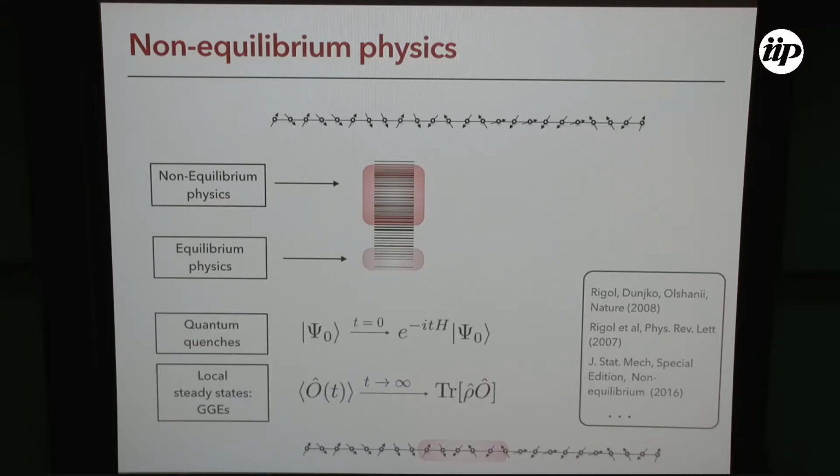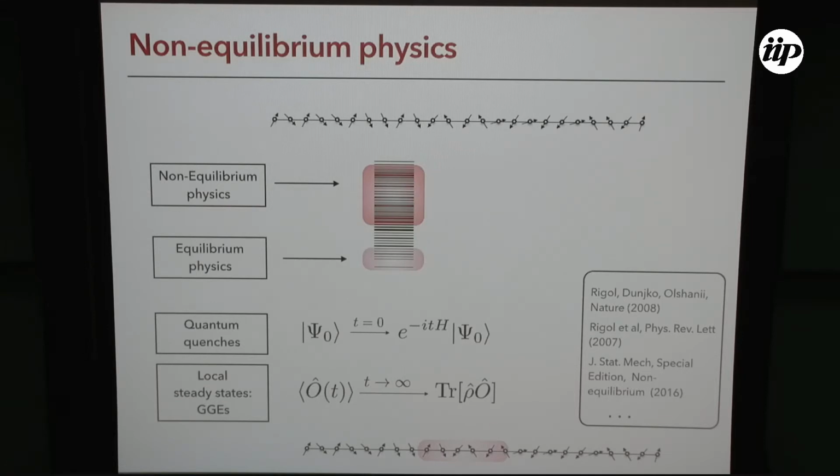And one of the most used methods, at least in theory, but also in experiments, of studying this part of the spectrum is by performing a quantum quench. You prepare your system in some state, and then you let it evolve with the unitary time evolution. And most of the focus of the last decade of studies has been, for example, in understanding the emergence of local steady states, right?